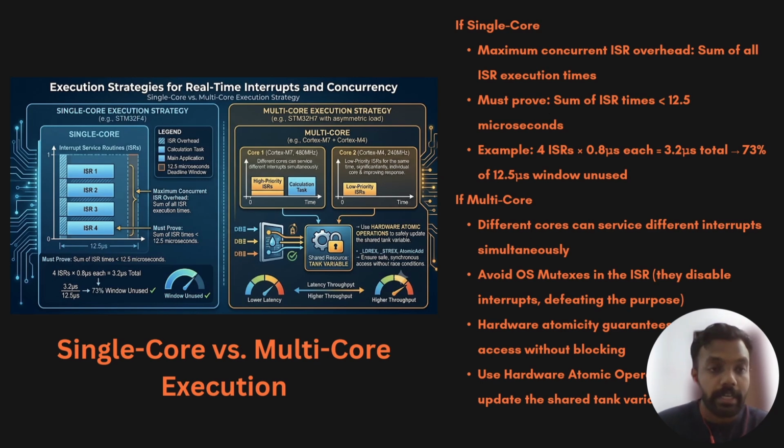This is our diagram on single-core versus multi-core execution. On a single core, the maximum concurrent ISR overhead is the sum of all ISR execution times. On a single core, we must prove that the sum of the ISRs is less than 12.5 microseconds. For example, if you calculate 4 ISRs at 0.8 microseconds each, you get 3.2 microseconds, so 73% of the 12.5 microsecond window is unused.